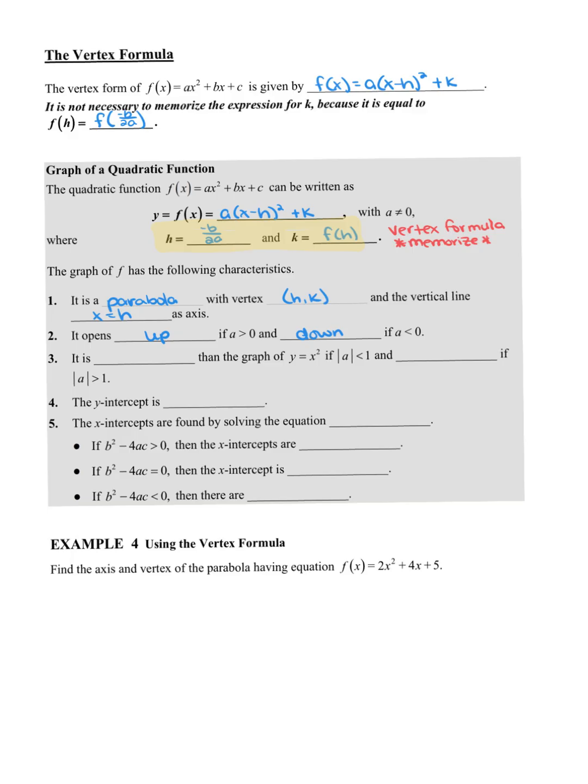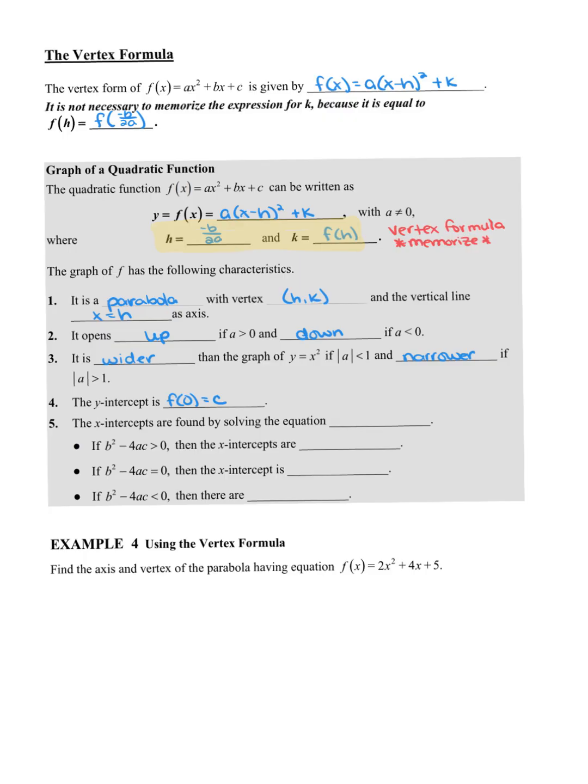It is wider than the graph of y equals x squared if the absolute value of a is less than 1, and narrower if the absolute value of a is greater than 1. The y-intercept is f of 0 equals c.